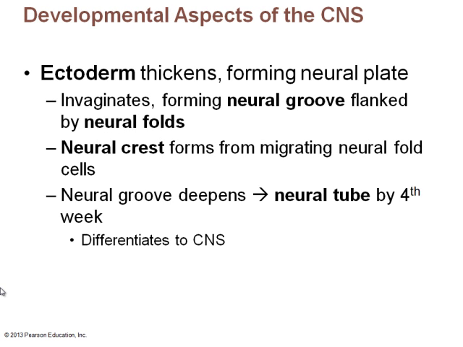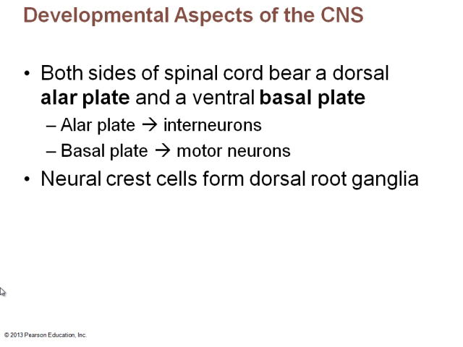Developmental aspects, we already kind of did this at the beginning, but for some reason this book put it at the end, and I didn't know that. So I already covered this stuff, but ectoderm, neural groove, neural folds, neural crest, neural tube, we've heard all of this before.